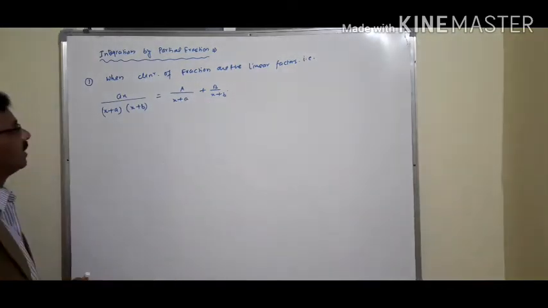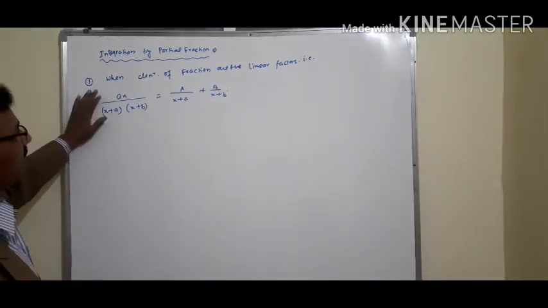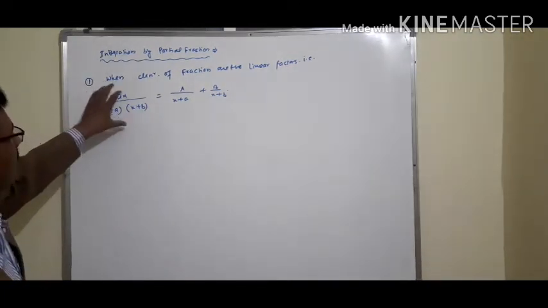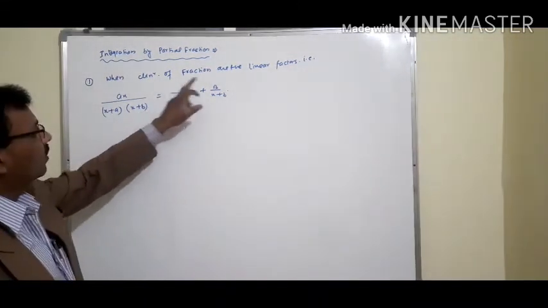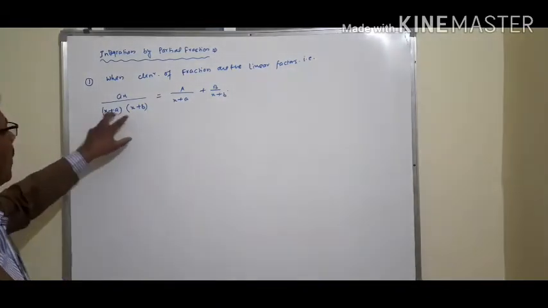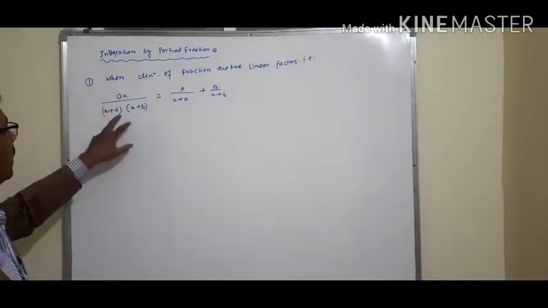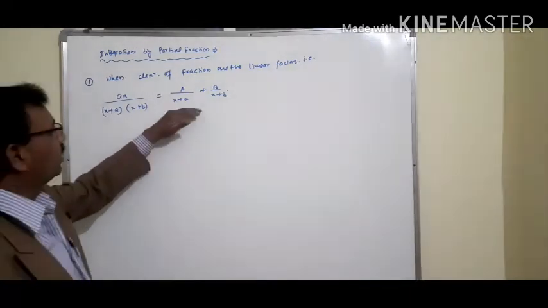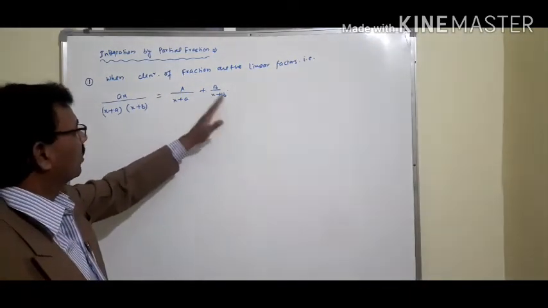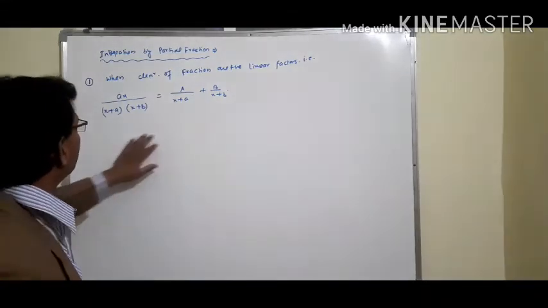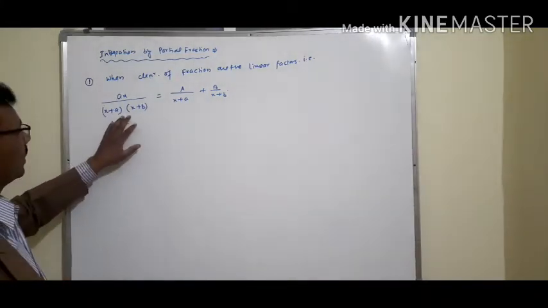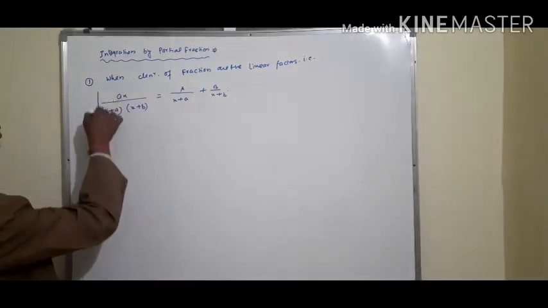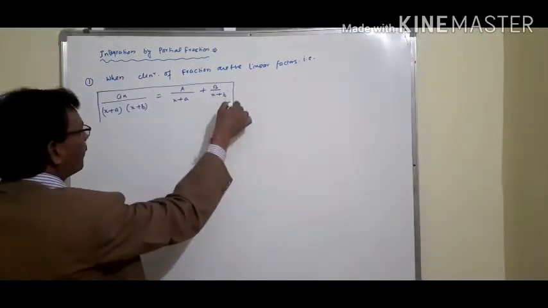That means according to the first type of partial fraction, the number of constants is equal to the number of factors of the denominator, and below each constant we should write one factor each. This is the first type of partial fraction.